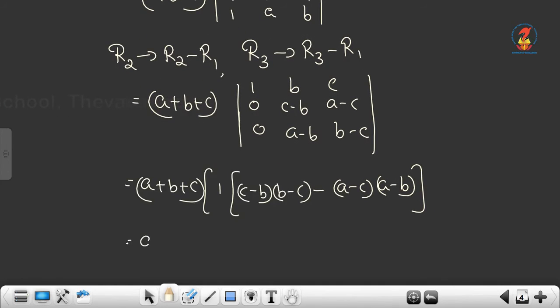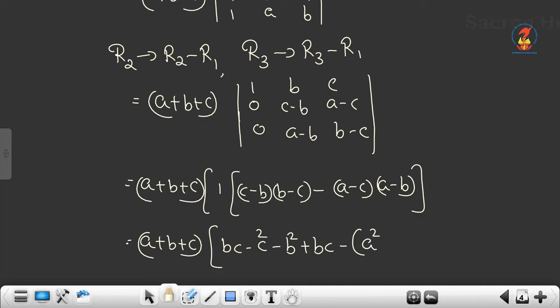Now open the bracket. a plus b plus c into bc minus c square minus b square plus bc minus of a square minus ab minus ac plus bc.